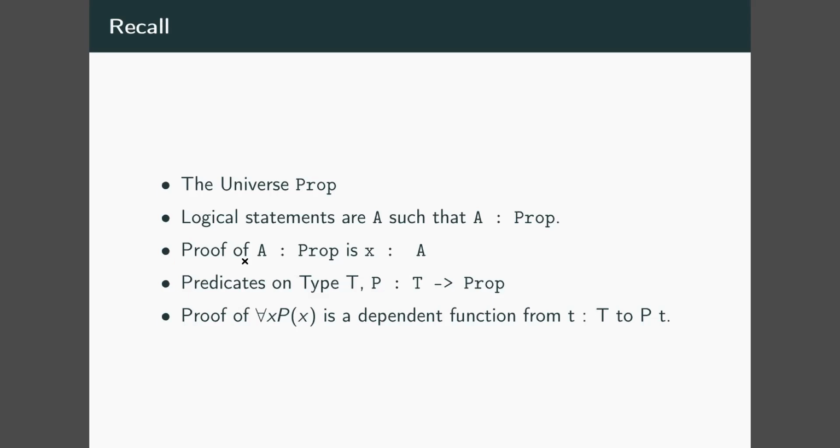Finally, if you want to prove for all x, P x, then you give a dependent function from T to P of t. For every t in T, you have to give a witness to the fact that P of t is true, which means you have to give an element of P t. This is what we saw in the last lecture, and this is the logic that we have been using. Any questions here?